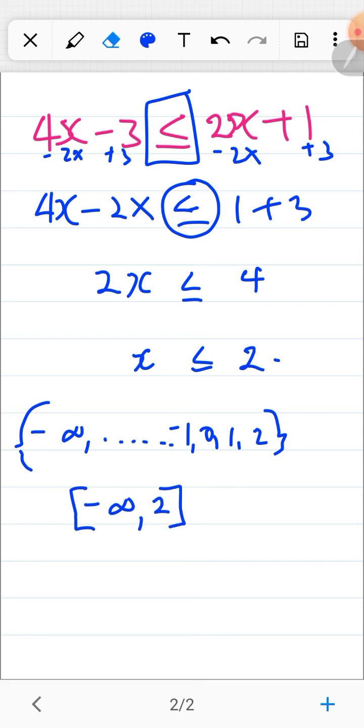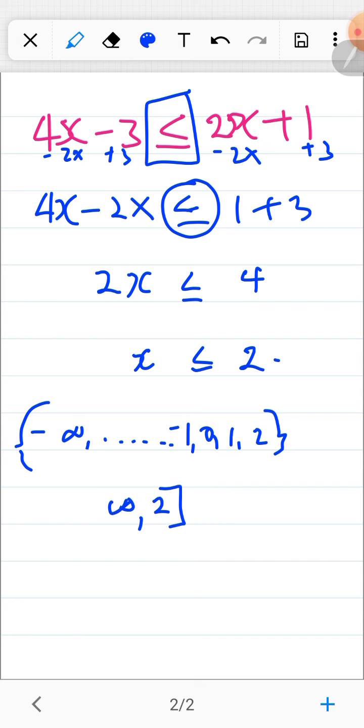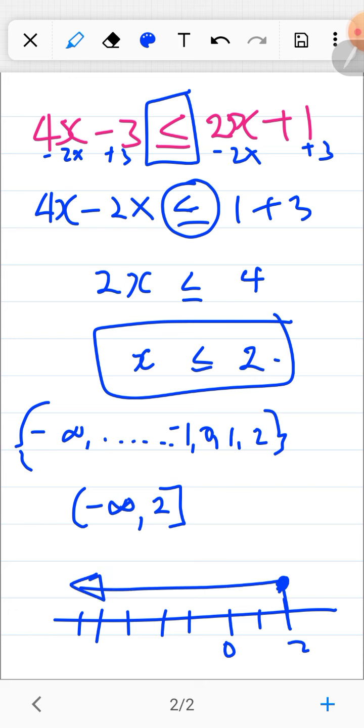Sorry, negative infinity is not included. But that's just if I wanted to write it in interval notation. Or I can even just end here, or if I wanted to draw it on a number line, I would start at 2, fill in the circle, shade it, and go that way. So those are 3 different ways of writing the solution.